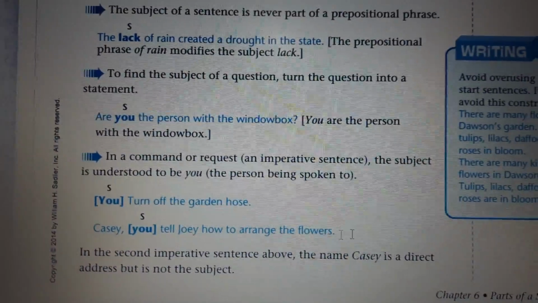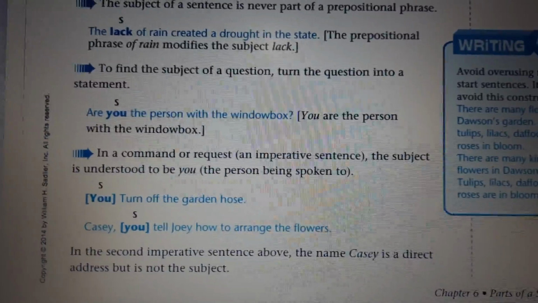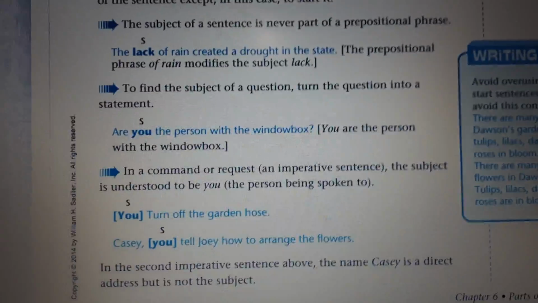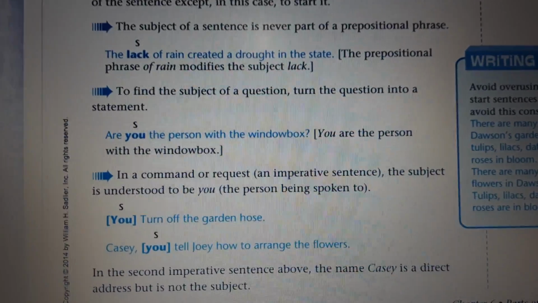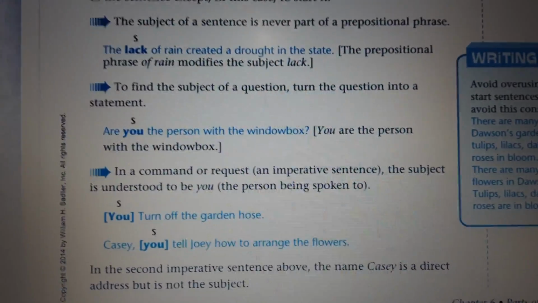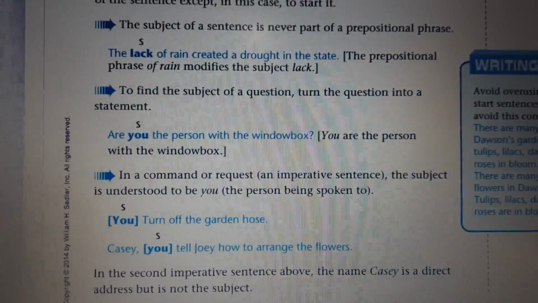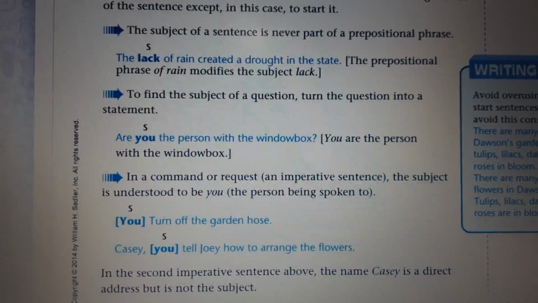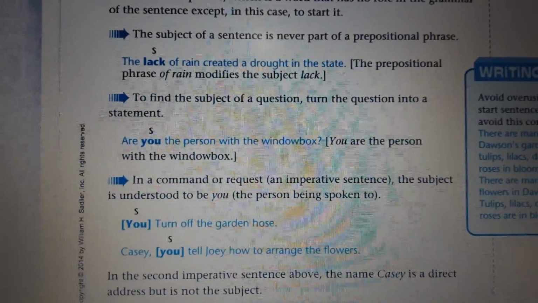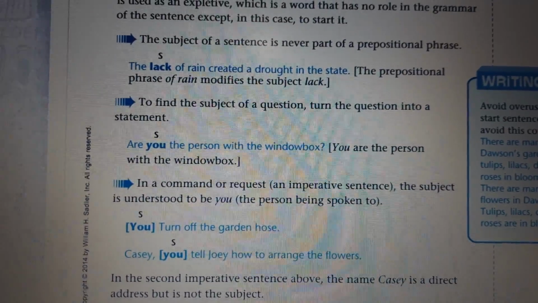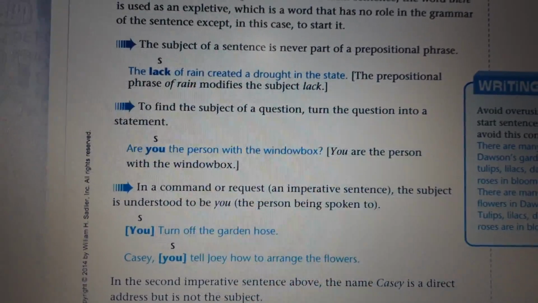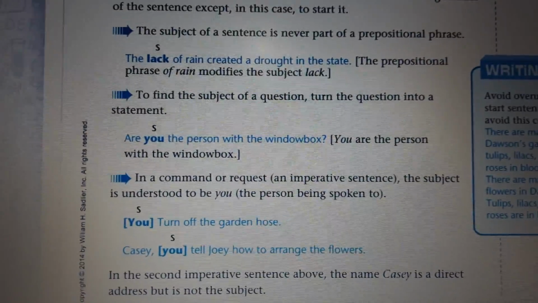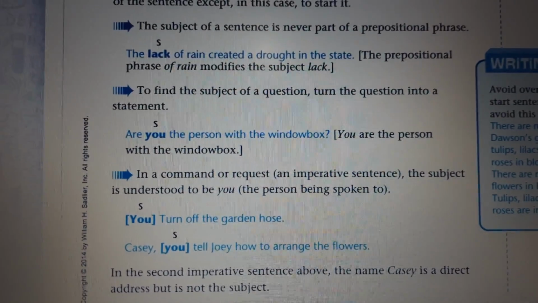Here, in a command or request, and this is an imperative sentence, I gave you that in our previous lesson, that imperative, declarative, interrogative, etc. So here the subject is understood to be you, the person being spoken to. When I say you turn off the garden, okay, oops. So you turn off. So you, this is the subject. Okay. Here we have Casey.